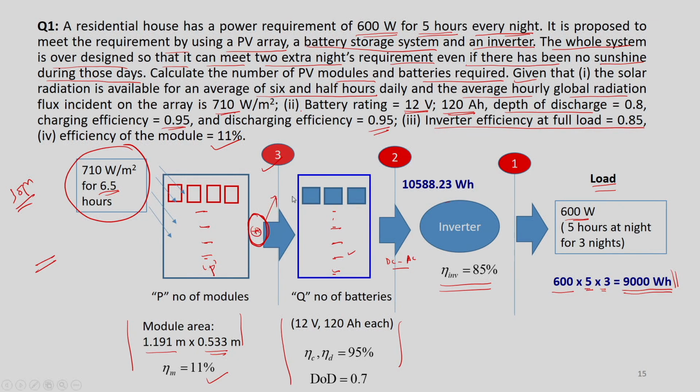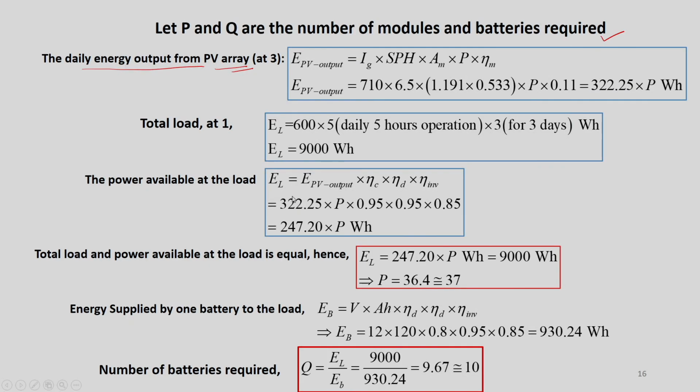Of course, this is a DC power. So, how can we define it? We know efficiency is output power by input power. Input power is nothing but I into area, and output power we need to calculate, maybe I will write P_out, and eta module is given as 11%.